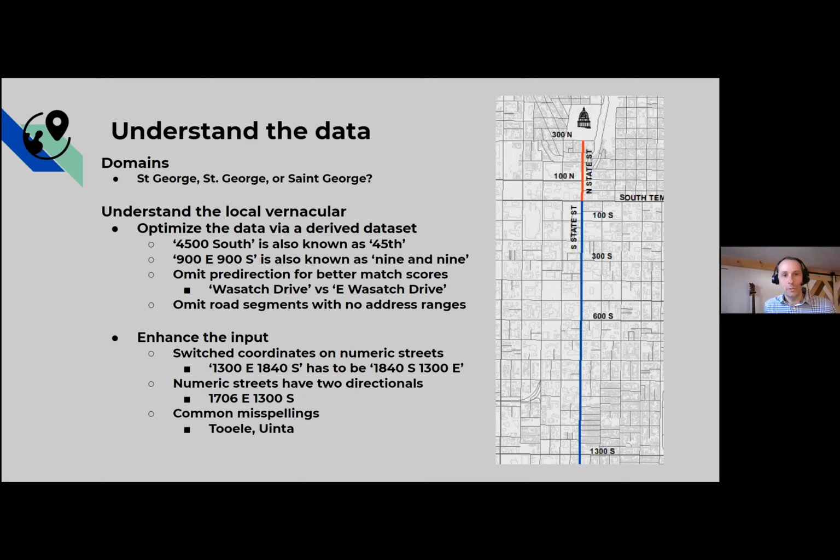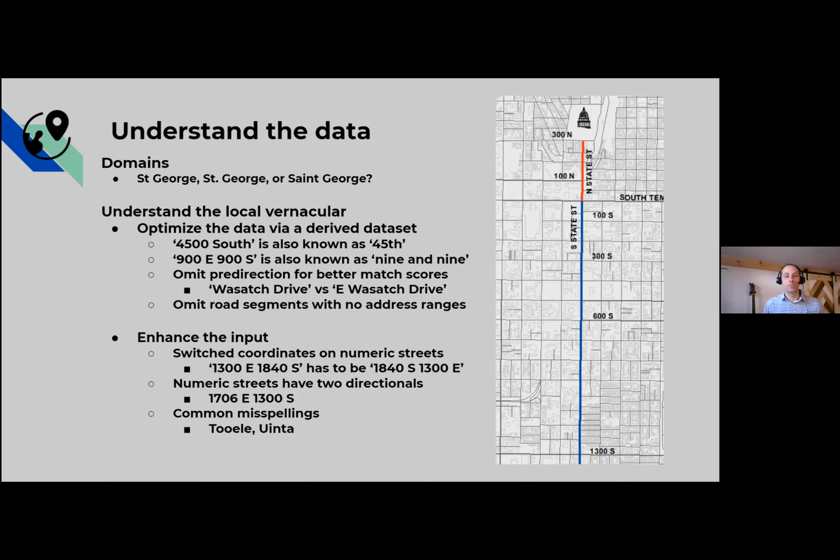Another one that we do is omitting predirections. In a database, most addresses will have predirections, but oftentimes we omit them locally. For us, it's Wasatch Drive, and there are many of these. Technically in the database, it's East Wasatch Drive.